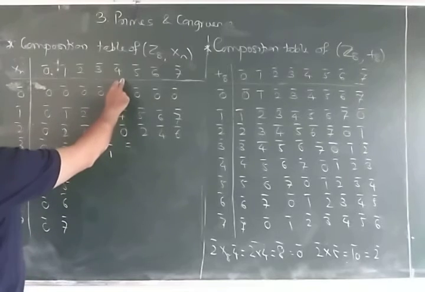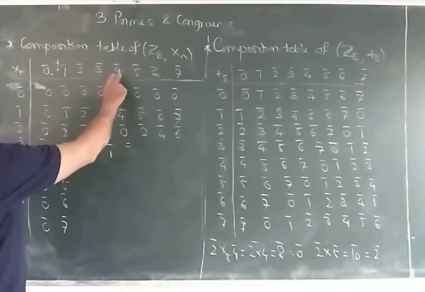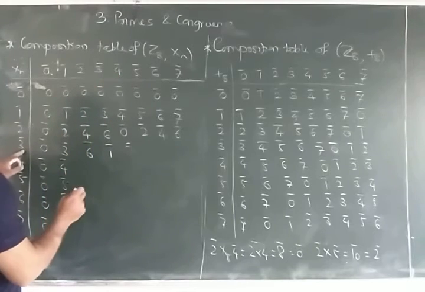Then 3 into 4 is 12, and 12 divided by 8 gives 4 bar.